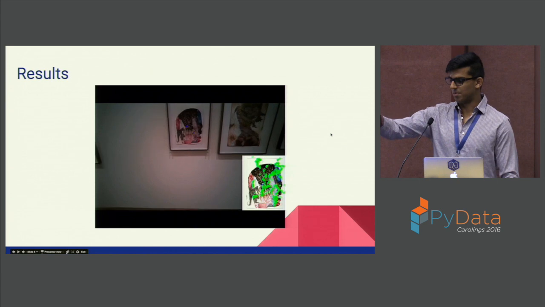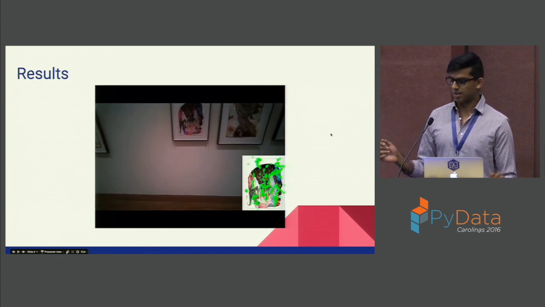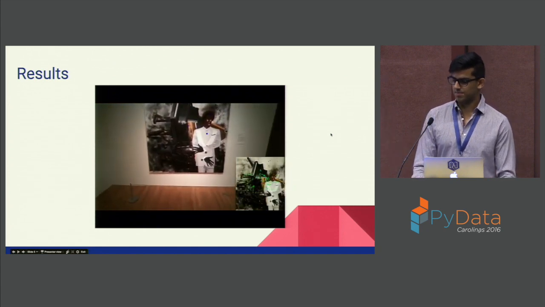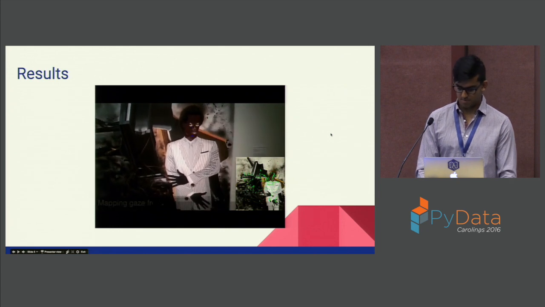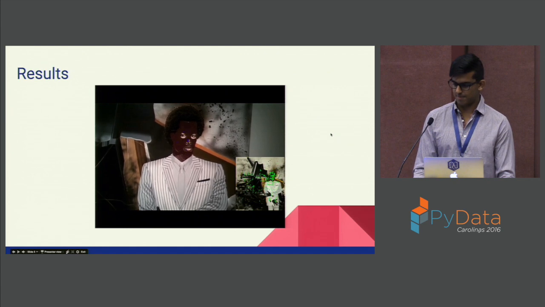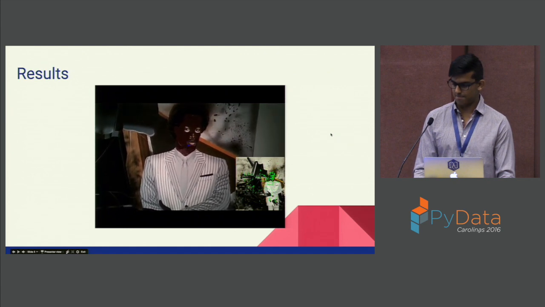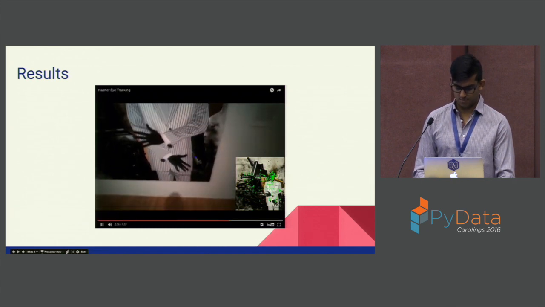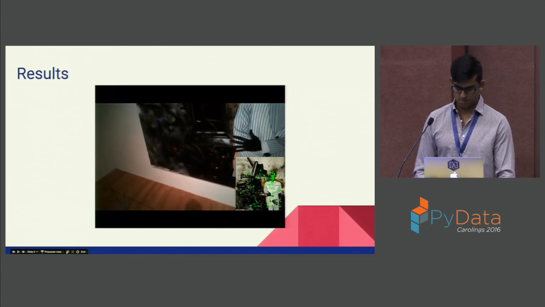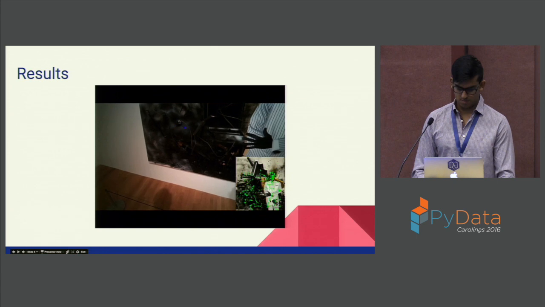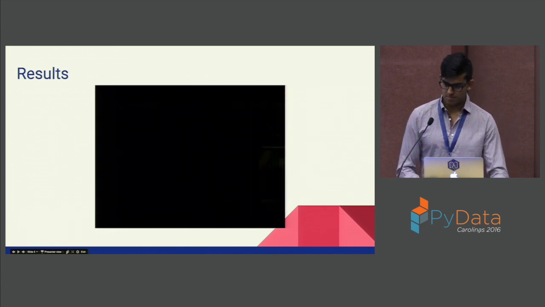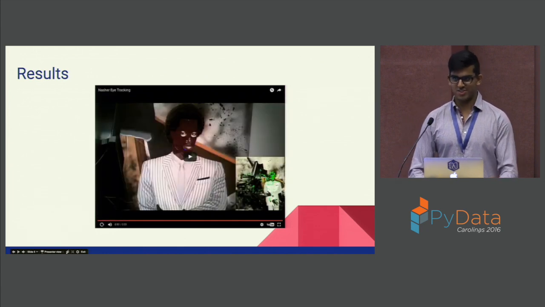So you can see even when part of the image is cut off or perspective is changing, the mapping to the static image remains consistent. All right, so that's what we're going to be trying to accomplish.